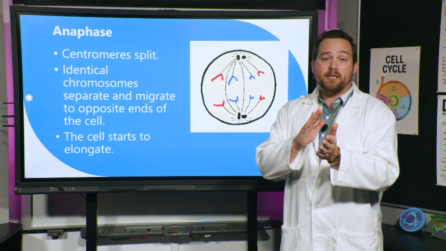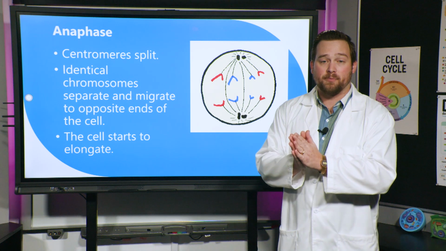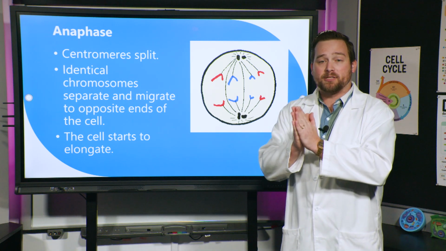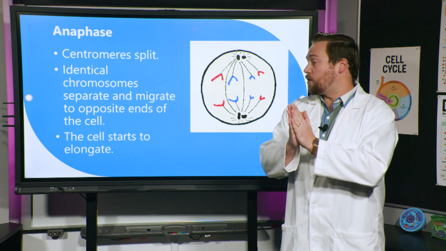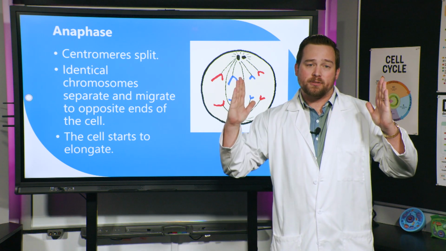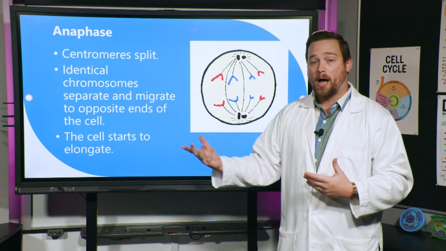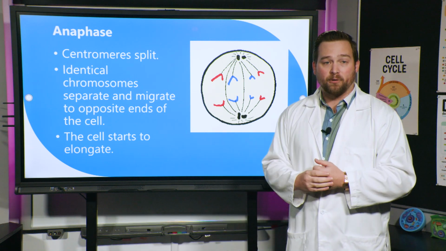Each side of a chromosome is called a chromatid, sometimes you'll see sister chromatid, and they're held in place by a centromere. So when those spindle fibers start to pull those sister chromatids apart, the centromeres split, and then each of those chromatids starts to move to opposite sides of the cell.